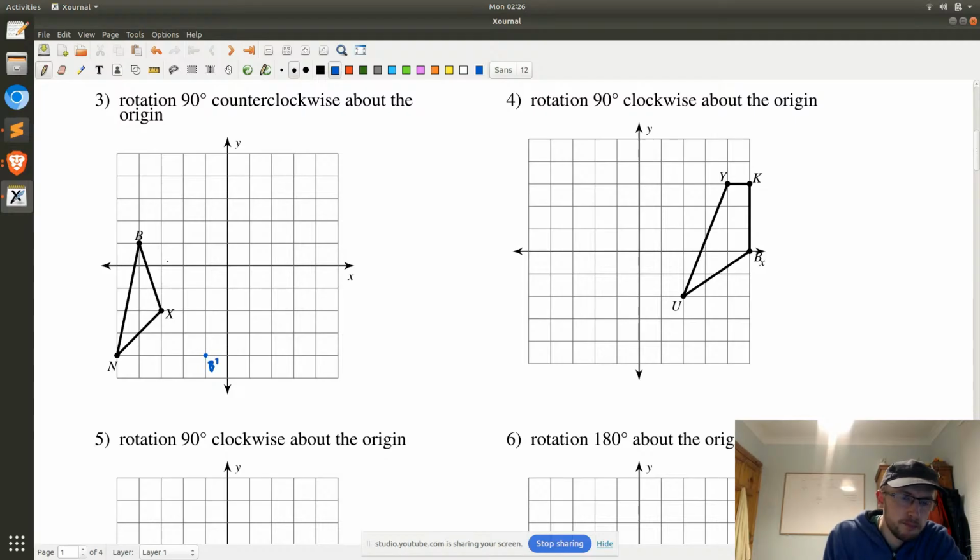B prime, X prime, N prime. 90 degrees clockwise.